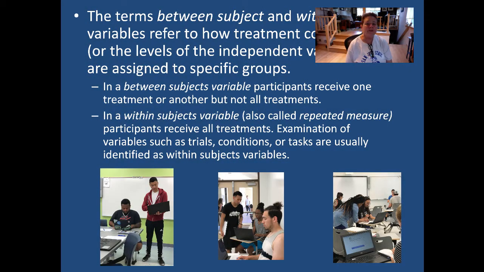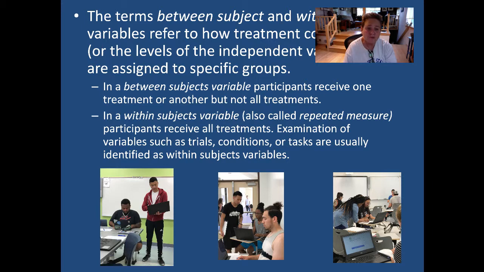The terms between subject and within subject variables refer to the independent variables. In other words, how are people assigned to the various treatment conditions? How are they assigned to the particular groups or the manipulations that they're going to have? In a between subject variable, participants only receive one treatment or another, but not all treatments.